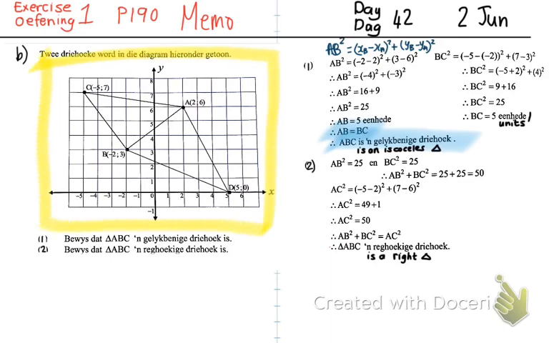Now to show that it's isosceles, I'm going to try to work out these two sides, AB and BC. The formula to work out AB is AB squared is equal to xB minus xA squared plus yB minus yA squared. So I work that out by substituting in xB, the x value of B is negative 2 and the x value of A is 2.